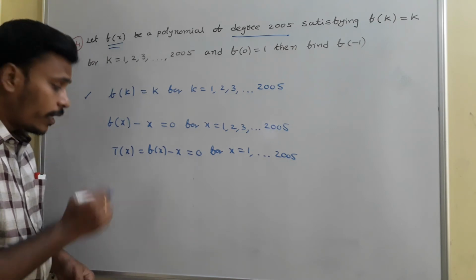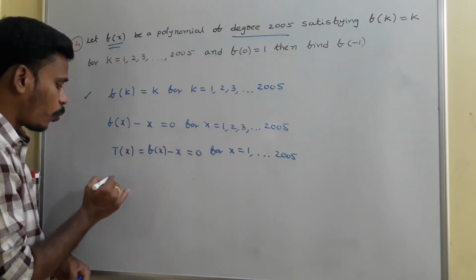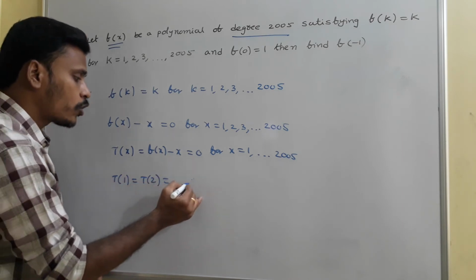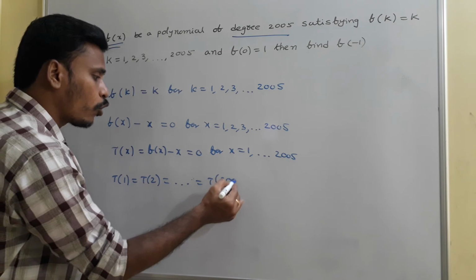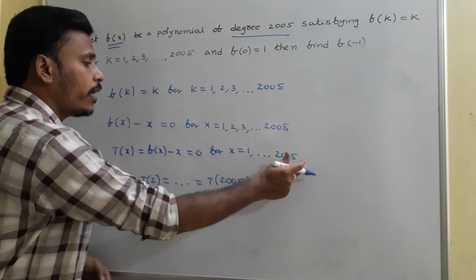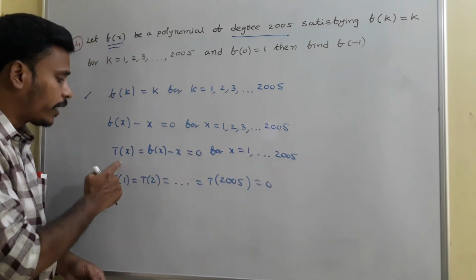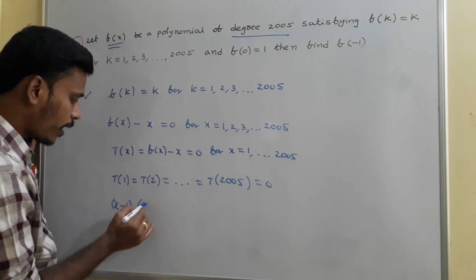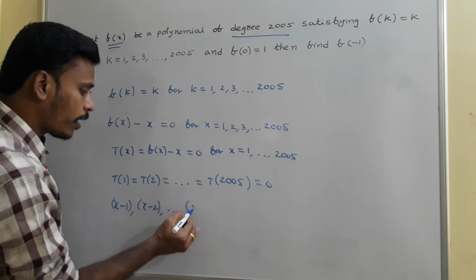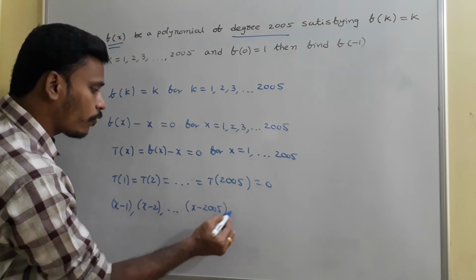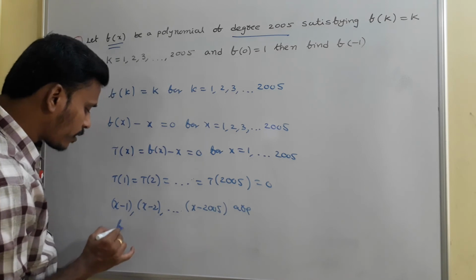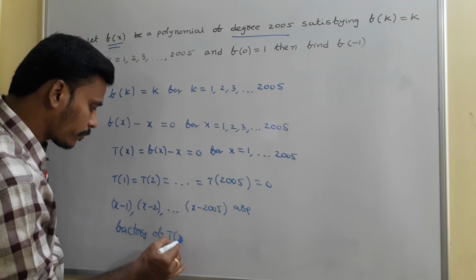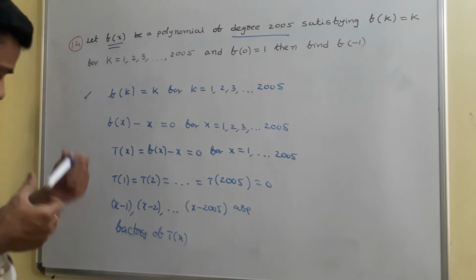What does it conclude? When you replace x with 1 here, t of 1 equals t of 2 equals and so on equals t of 2005 equals 0. Every value will make t zero. That in turn concludes that x minus 1, x minus 2 and so on up to x minus 2005 are factors of t of x.